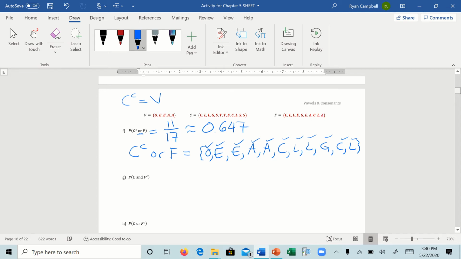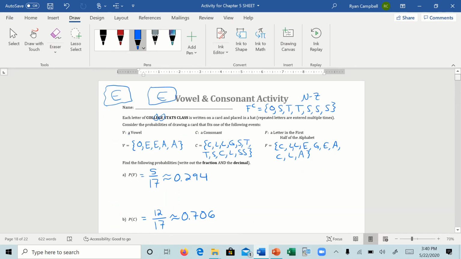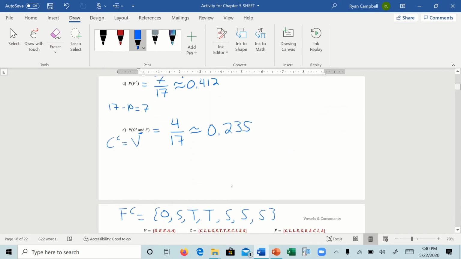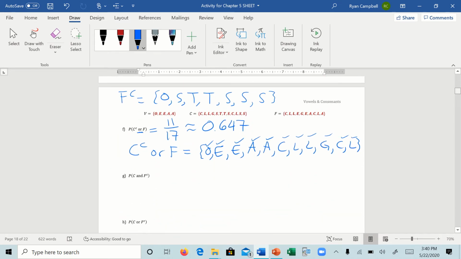All right, so let's look at C and the complement of F. We already determined the complement of F was O, S, T, T, S, S, S, I believe. Let's just double check. Yeah. All right.